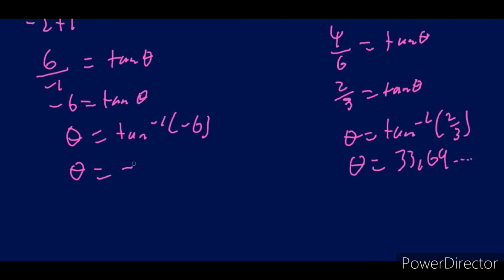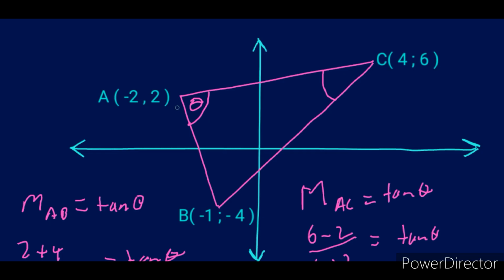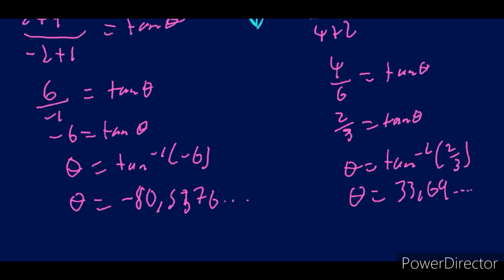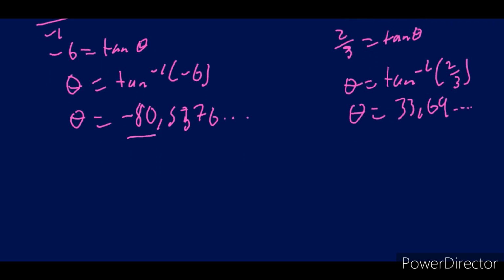This is going to be minus 80.5376. Yep, should be 5376. So dot. You will always draw a horizontal line. If the horizontal line cuts, it means that whenever this gives you a negative, you will change it into positive.